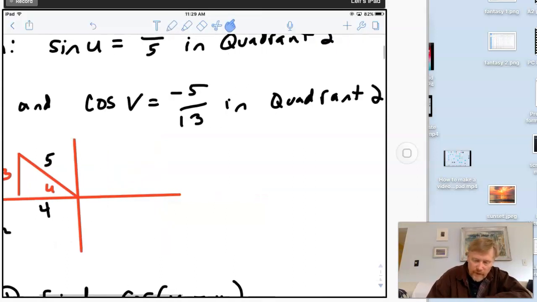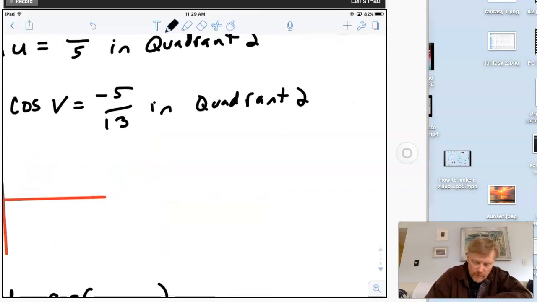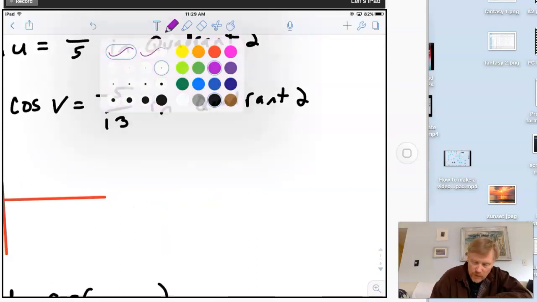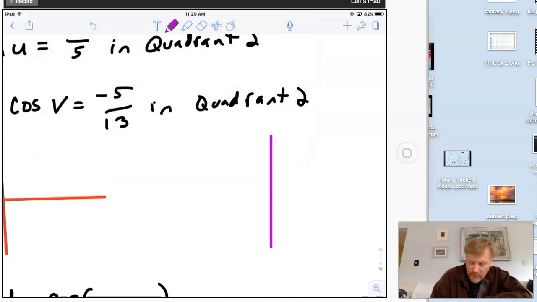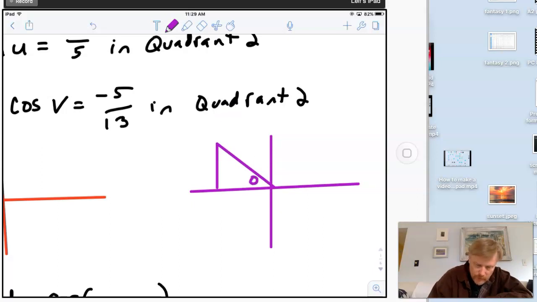And next I'm going to do the 5/13 for the cosine. Once again, this is in the second quadrant. The difference here is that one's going to have a negative value, okay, because the cosine is negative. So here, I should make that a v instead of trying to do a theta. That's v.